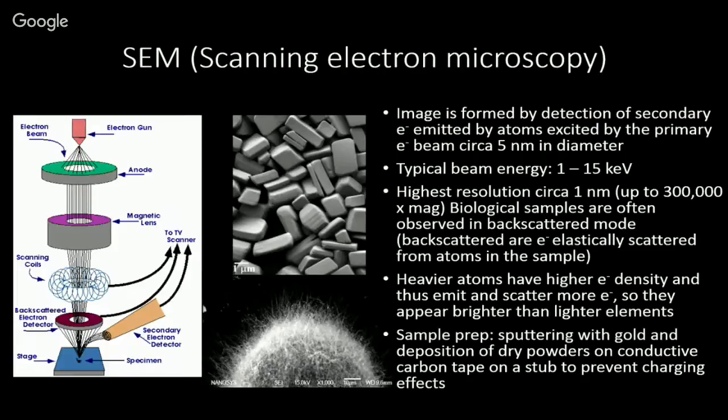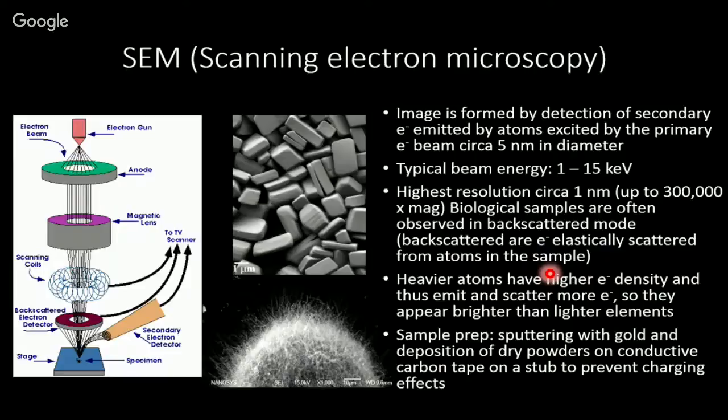So this is how it works. You have the sample, and the electron beam comes from here. The secondary electrons are ejected, and the detector detects them. Oh, I'm sorry, I'm not using the laser pointer. Okay, so this would be the detector, and this would be the specimen and the electron beam here.